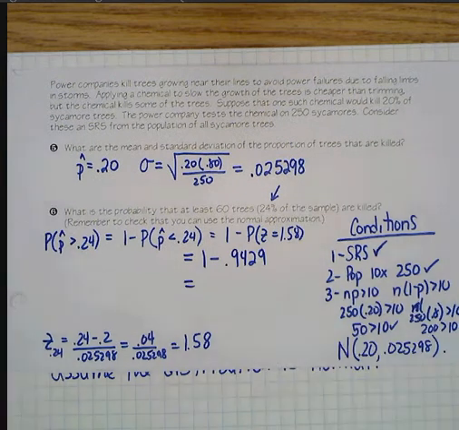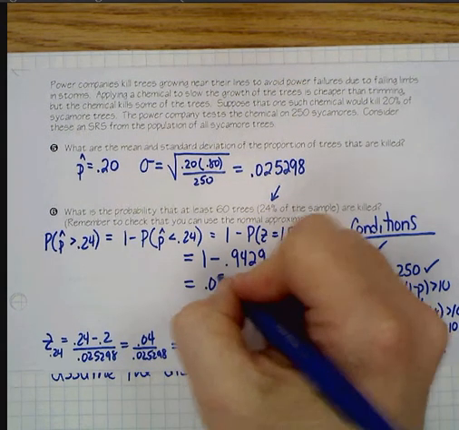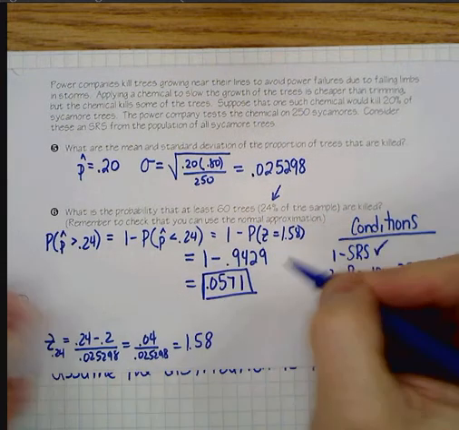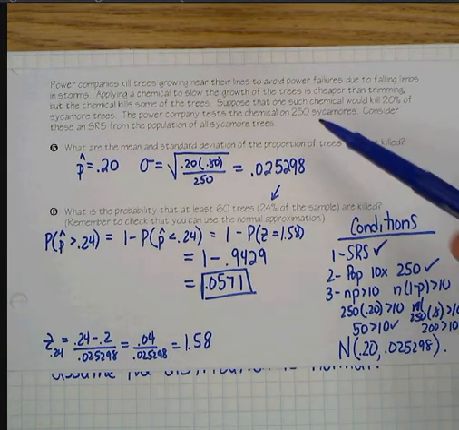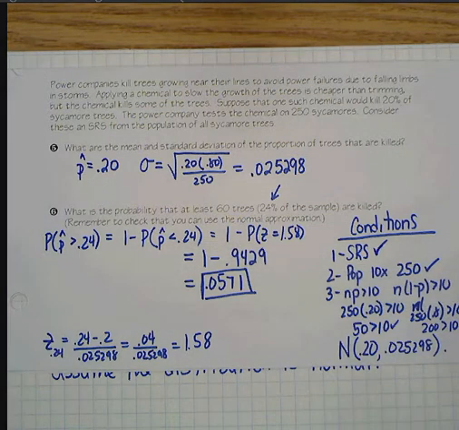So this is going to equal 1 minus 0.9429, and we're going to get 0.0571. So there's the probability that in my sample of 250 sycamore trees, more than 24% of the sample will be killed by the spraying. Okay, so that's how you do the question.